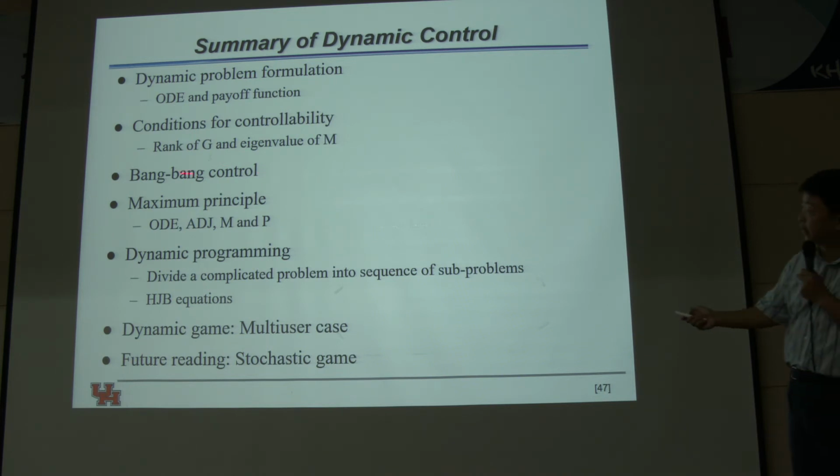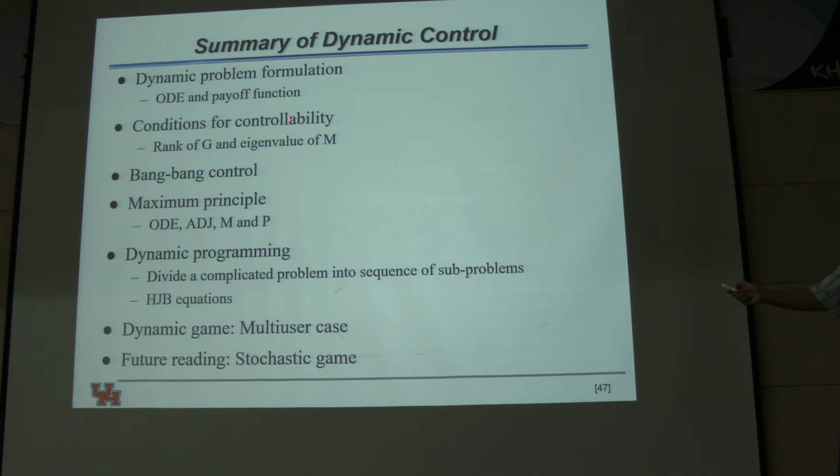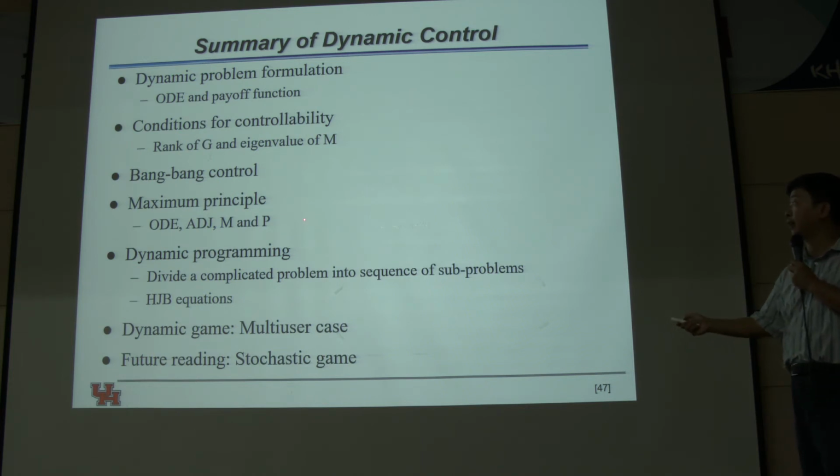In other cases, the original problem will be changed into the maximum principle of four equations: ODE, ADJ, M, and P. Basically, you can solve these four, and then you can get the optimal solution of the original one. And then finally, dynamic programming.